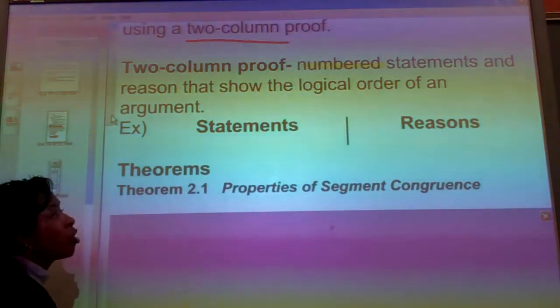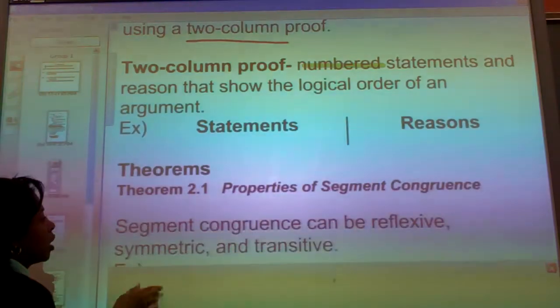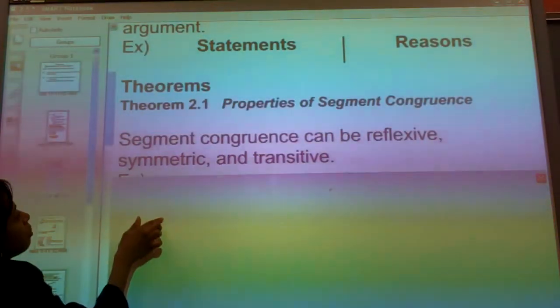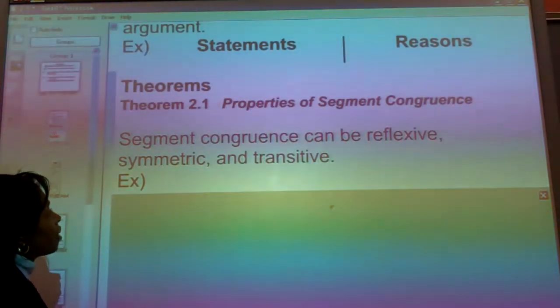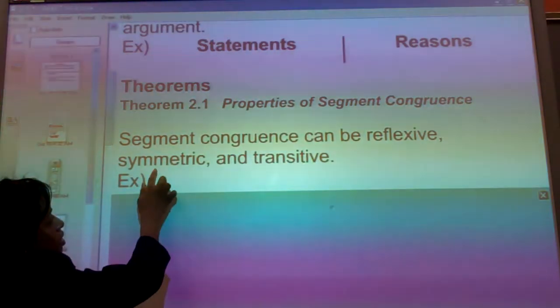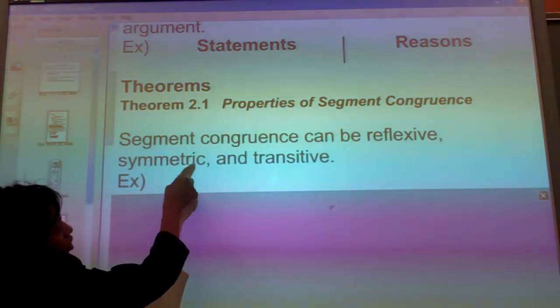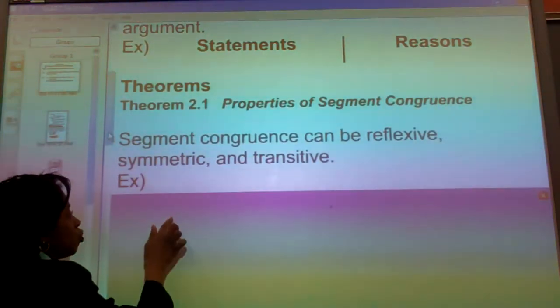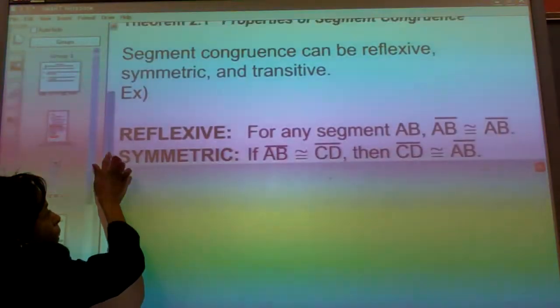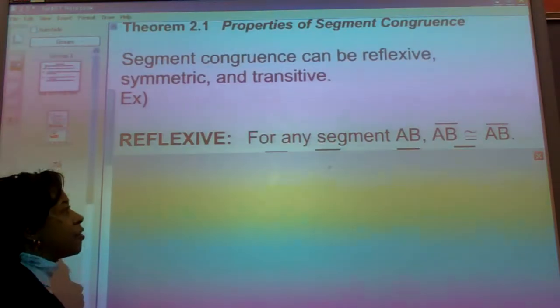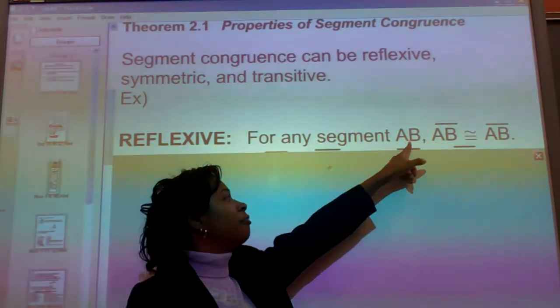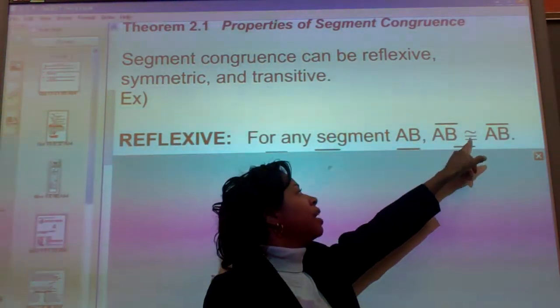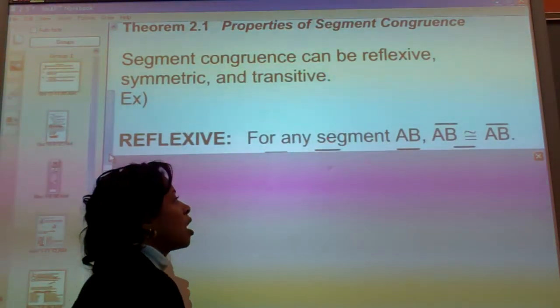Here's the first theorem you need to memorize. Segment congruence, we need to know, can be reflexive, symmetric, and transitive. We did this back in 2.4. For example, if it's reflexive, that means that any segment AB is congruent to itself, AB.